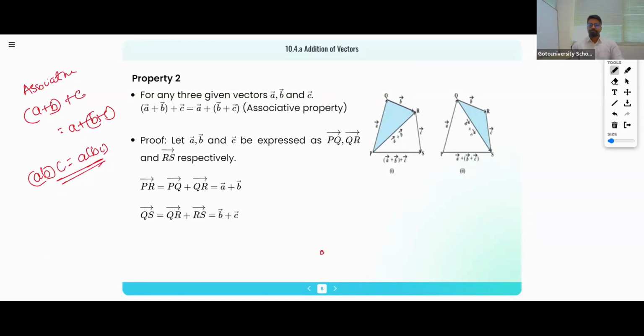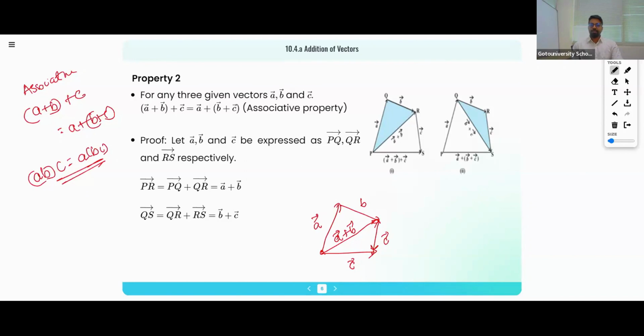For example, here you can see a vector A, and another vector B. Its sum is A plus B. Now I am going to have C here. If I add these two, this is A and B, so this can be C, right?